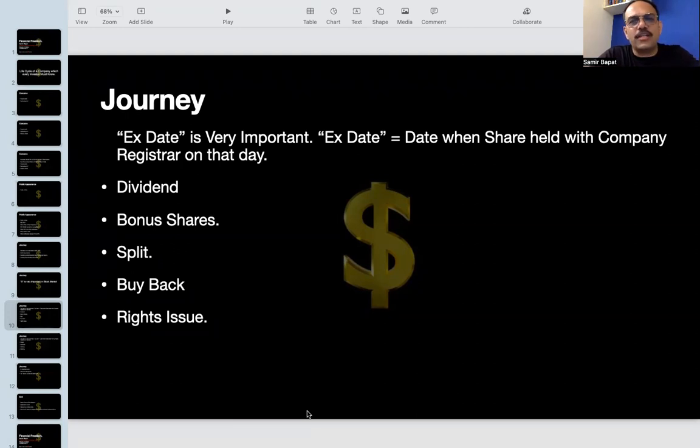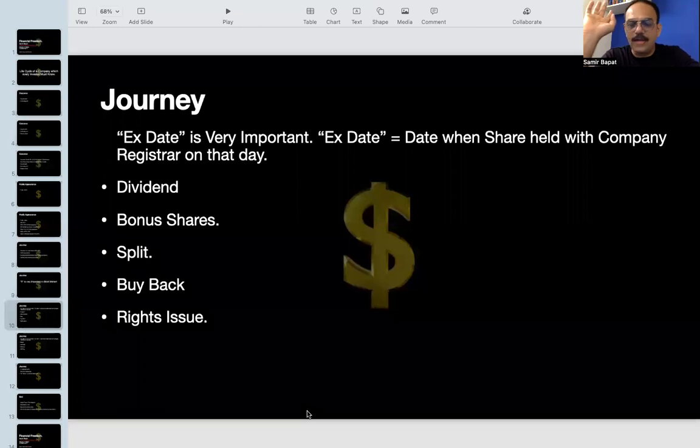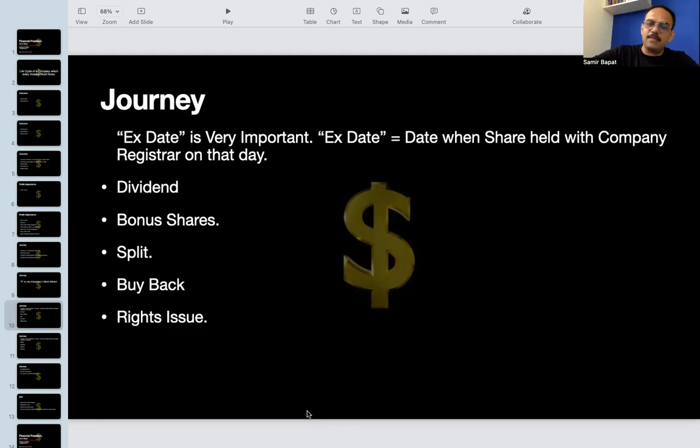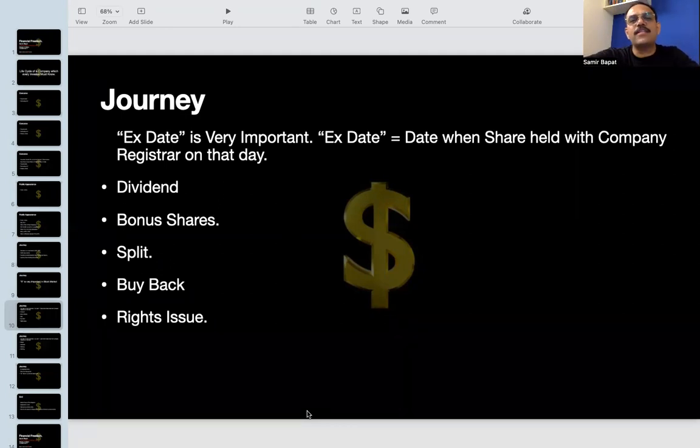They will say, if you are holding 10 shares on the ex-date, then you will get one bonus share. Fine. So in the board meeting, they will declare that for every 10 shares, you will get one share as a bonus share on the ex-date.